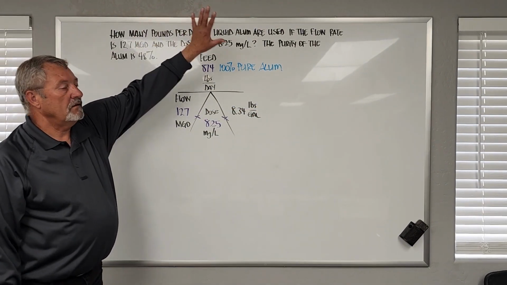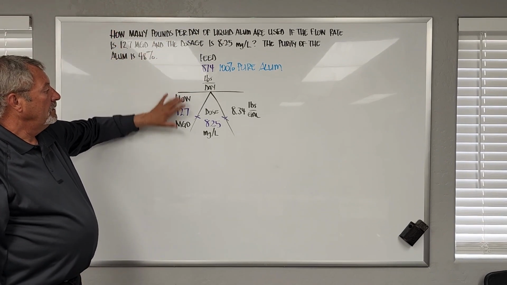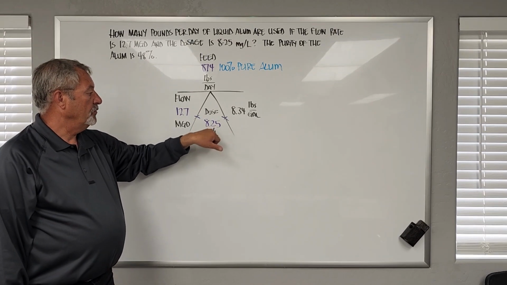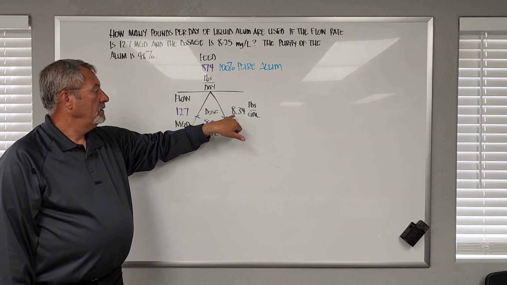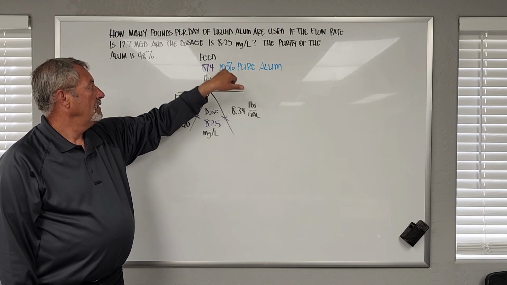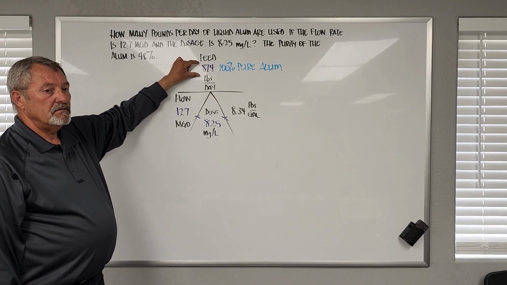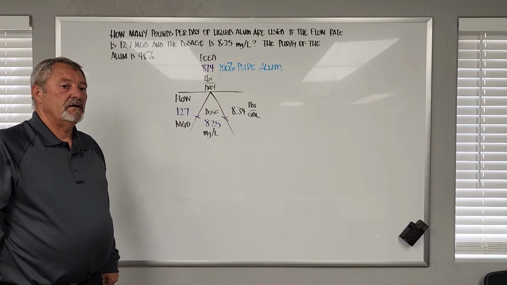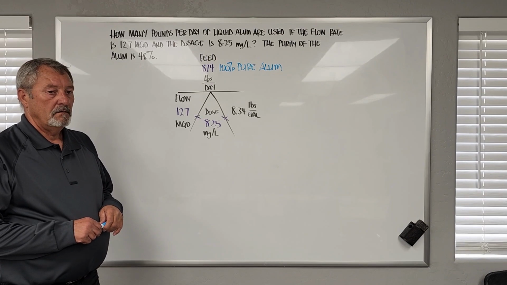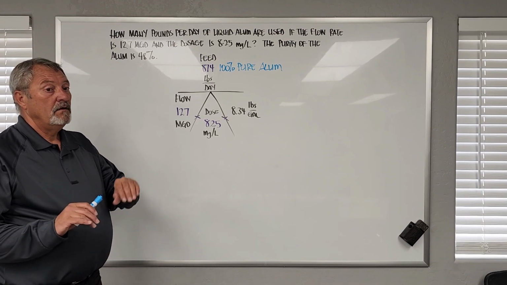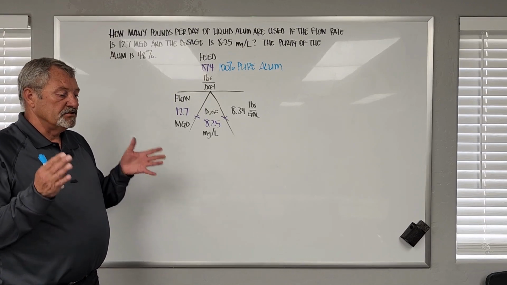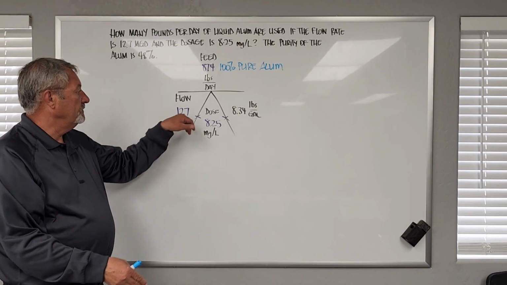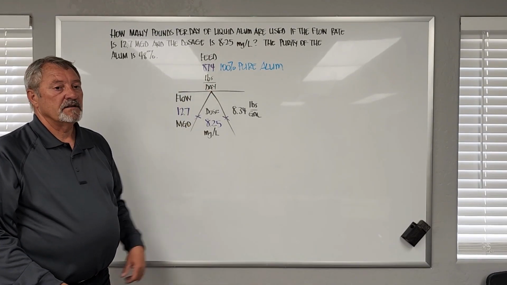Forget the purity. If I have 12.7 million gallons per day, and I'm dosing it with 8.25 milligrams per liter, times 8.34 pounds, the amount of 100% pure chemical I need is 874 pounds. If it was just pure liquid alum, and I'm dosing the flow, it would be 874 pounds.